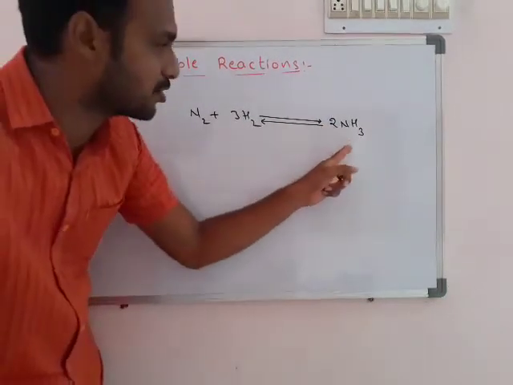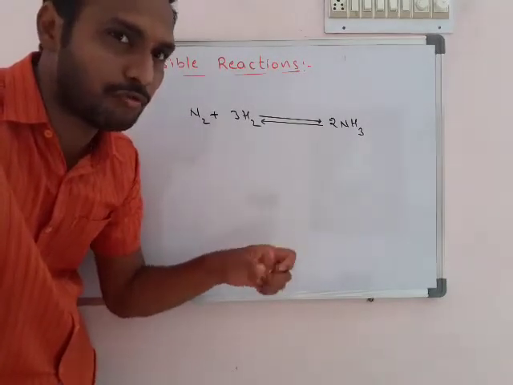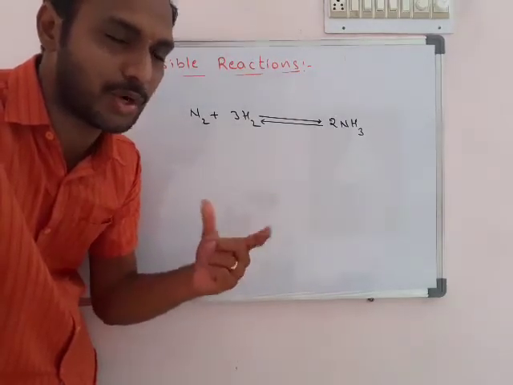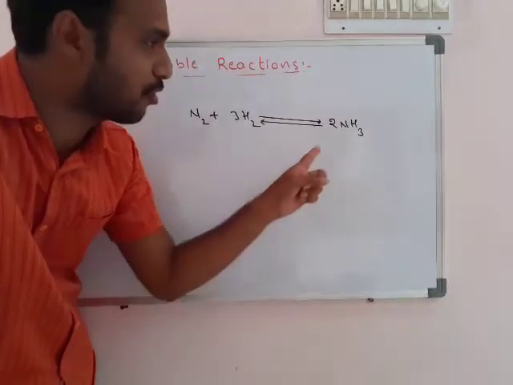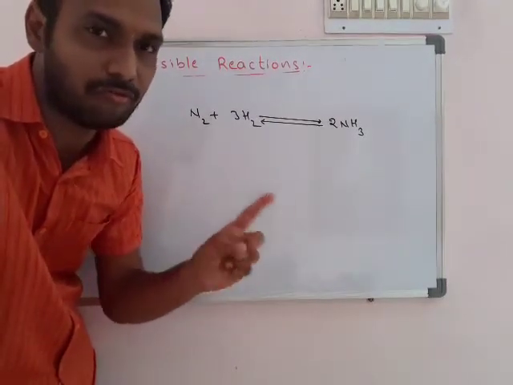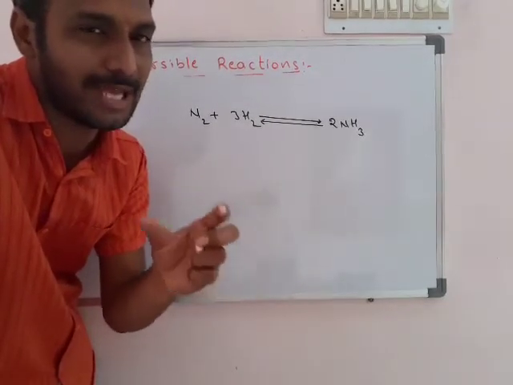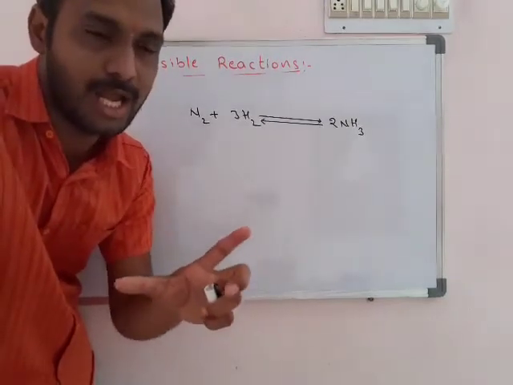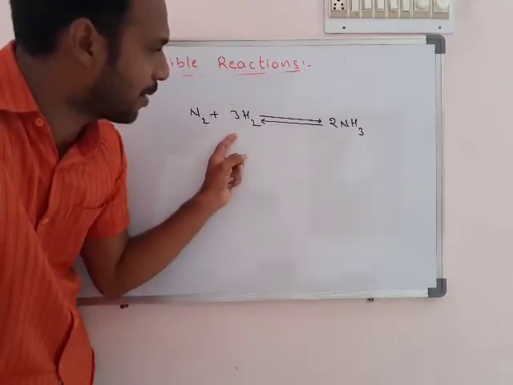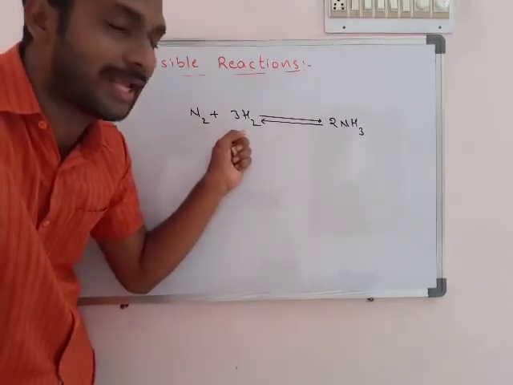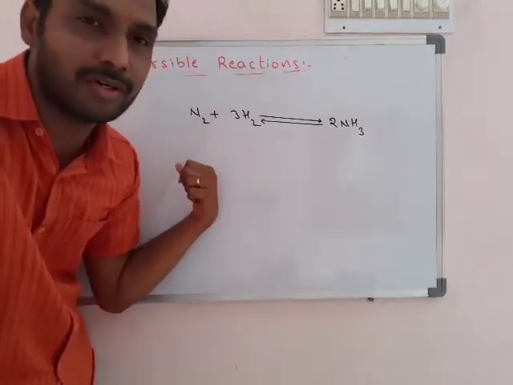Means here the products form the reactants exactly in reverse. First, in the forward reaction, when we take the starting materials N2 and H2, both undergo reaction and form NH3. That is called the forward reaction. Now after some amount of NH3 is formed, NH3 also decomposes to N2 and H2, and that is called the backward reaction.